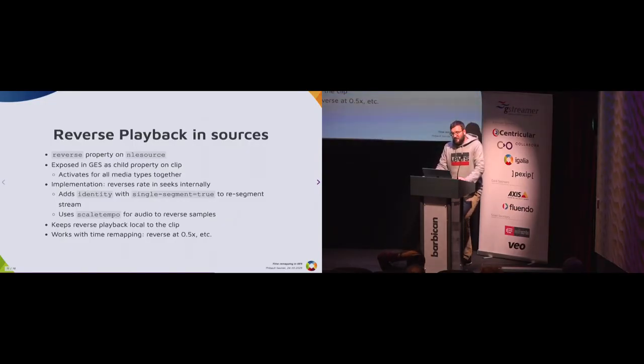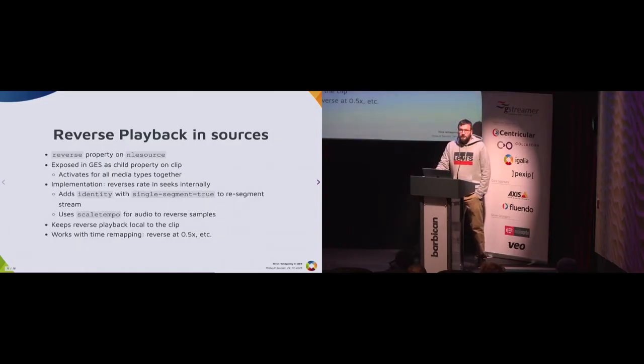Also, we implemented reverse playback. It was started a long time ago, and then we finally merged it this year. It's just a reverse property on NLE source. When you enable reverse on a clip, NLE source sends seeks with negative rate to the source element internally, but then uses identity with single-segment equal true to resegment the stream so that it looks like a forward playback externally.